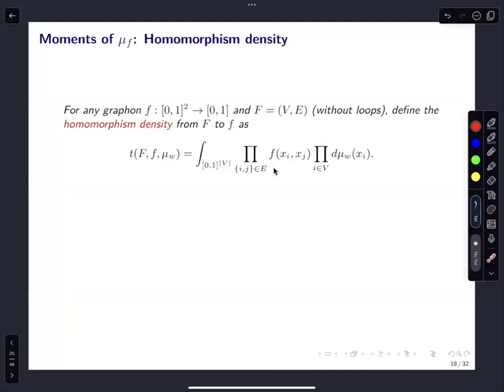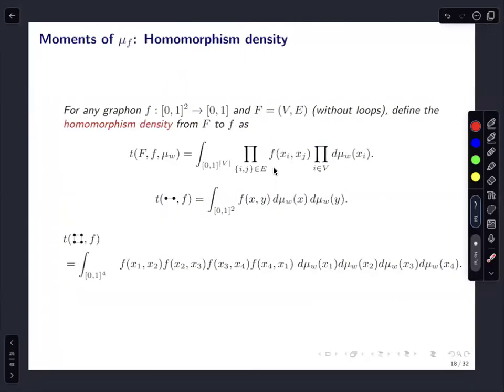So how is this described? This is an integral over 0, 1 to the vertex set, and you look at the product of the functions at each of the edges: at the endpoints of the edges you evaluate f, and then you integrate with respect to the measure you have. Let's look at some examples. Say my F is a graph which has two vertices with an edge. Then t(F) is just given by the integral of f(x,y) dmu_w(x) dmu_w(y), since I have only one edge.